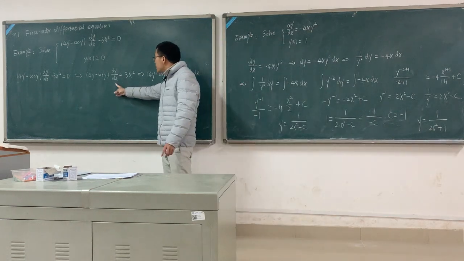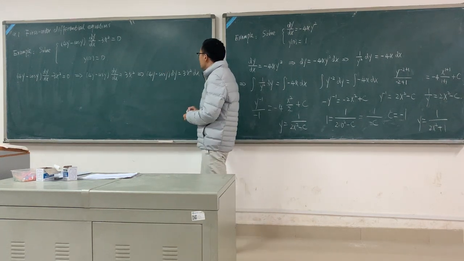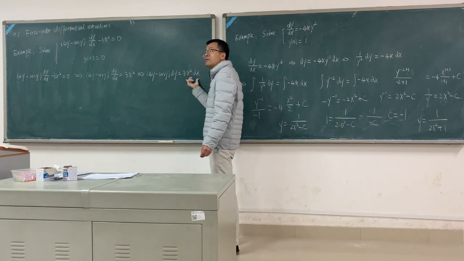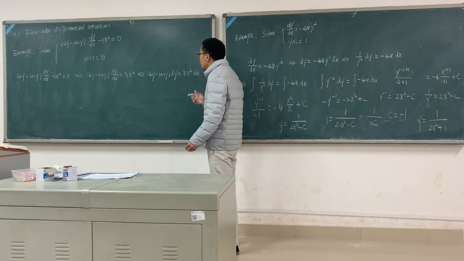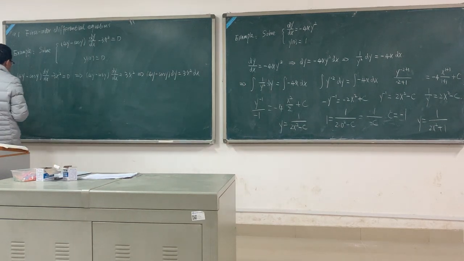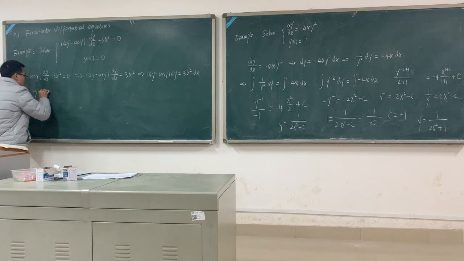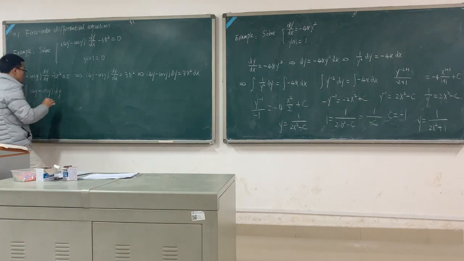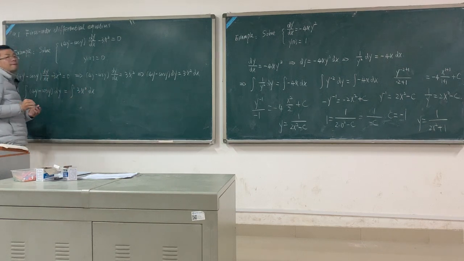On the left hand side we just have y, and on the right hand side we just have x. So we integrate on both sides: the antiderivative of 4y minus cosine y dy equals the antiderivative of 3x squared dx.